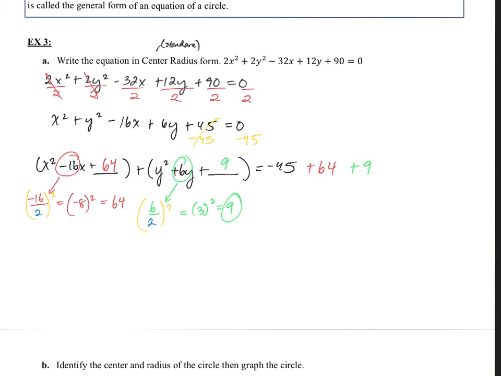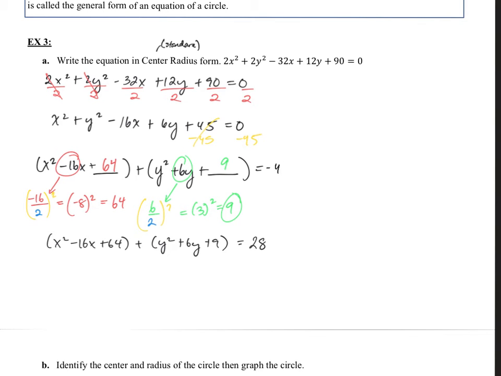Alright, lots of colors flying around here. So let's rewrite this. x squared minus 16x plus 64 plus y squared plus 6y plus 9 equals, now let's add up all these values together. What do we get? Looks like we get a 28. So I'm actually going to squish these together on the side here a little bit because I'm running out of room.